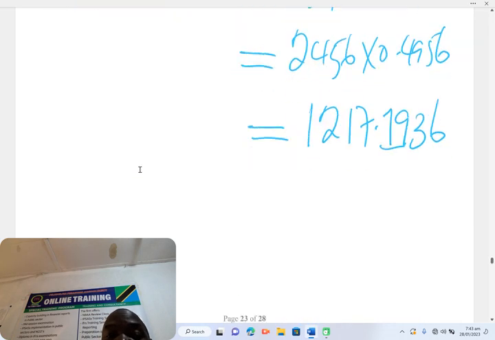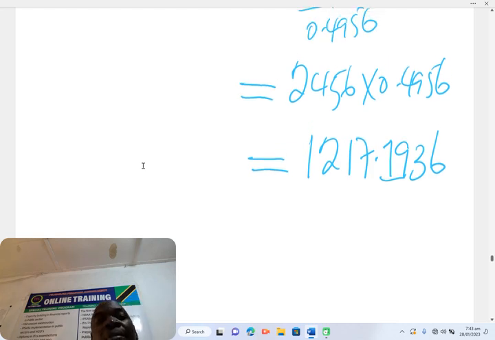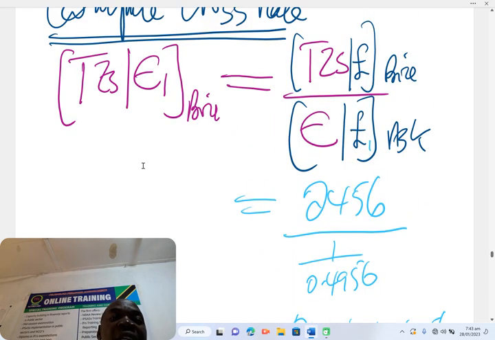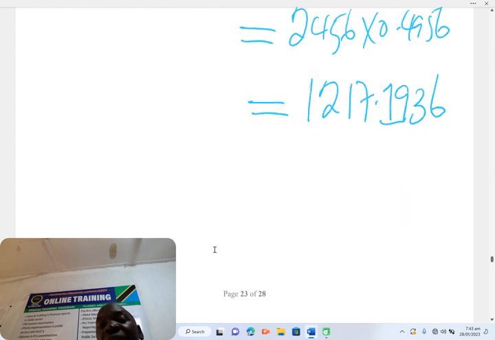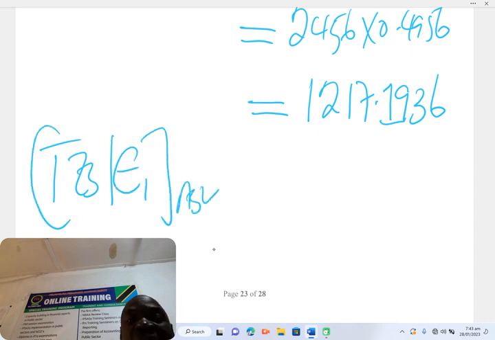So let us compute the cross rate for ask. It is easy. So again, this is Tanzanian shillings stroke euro ask.